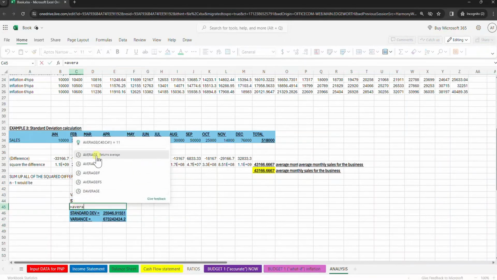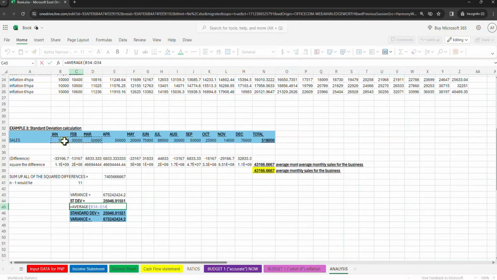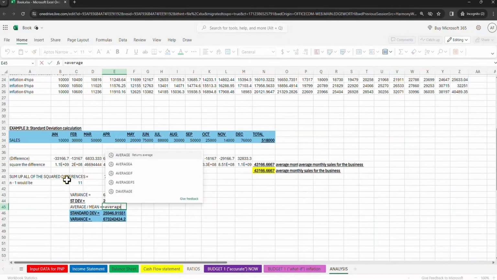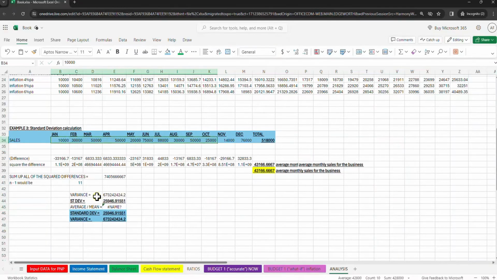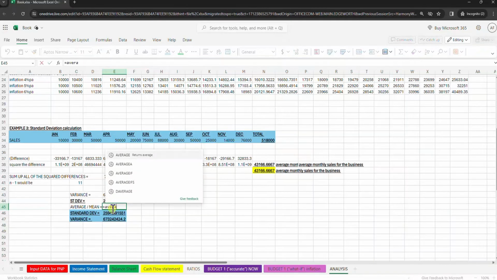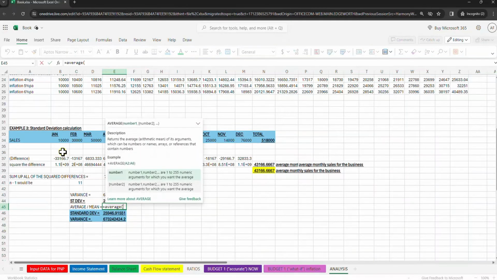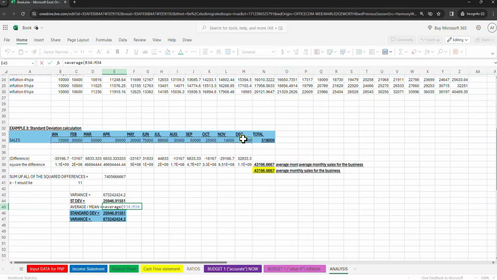So if we're looking at statistics, I've got all of these measures. The average or the mean here would be the average of all of that.